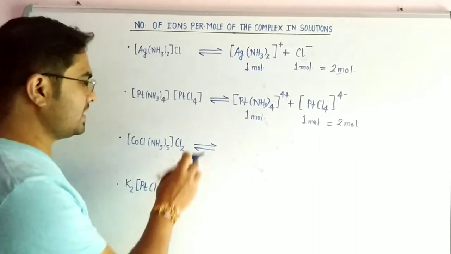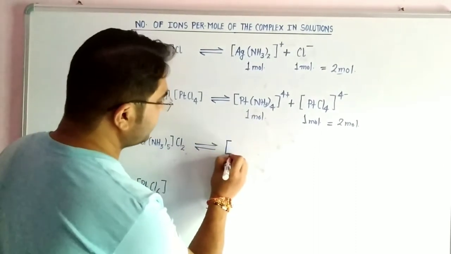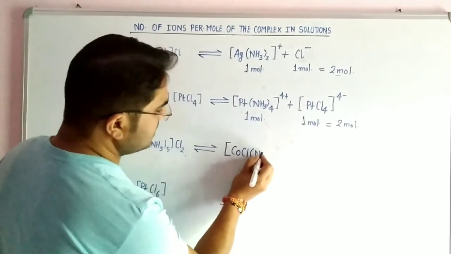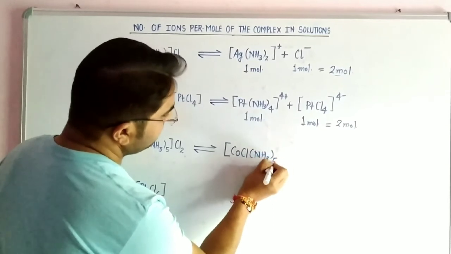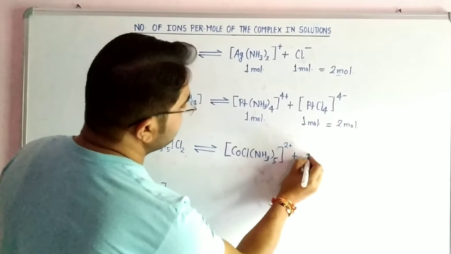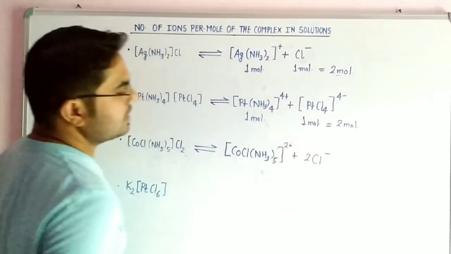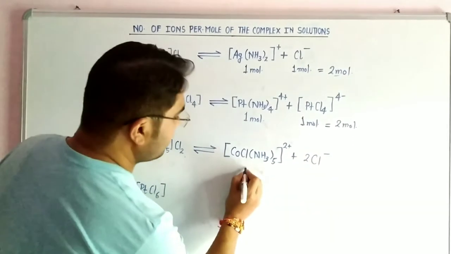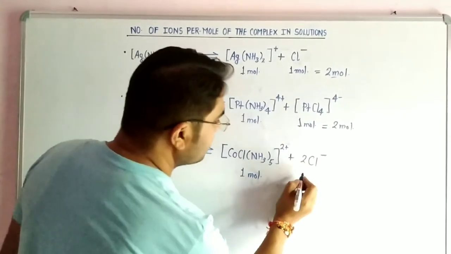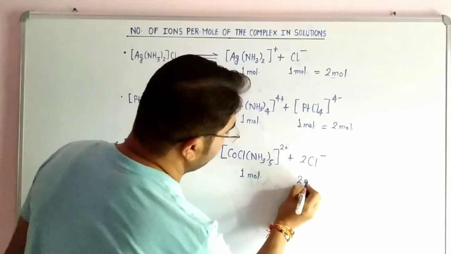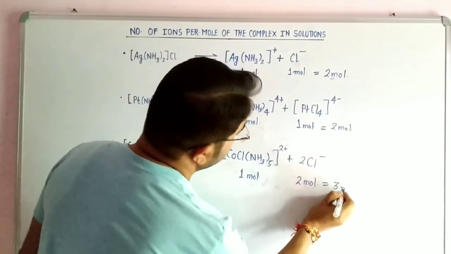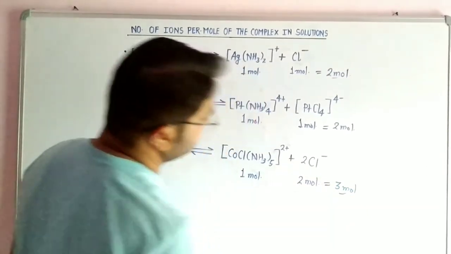Simply, we write the mode of ionization this way: [CoCl(NH3)5] 2 positive plus twice Cl negative. If we count this as a whole, it is 1 mole, and for chloride Cl negative ion it is 2 moles, and adding these two gives 3 moles.